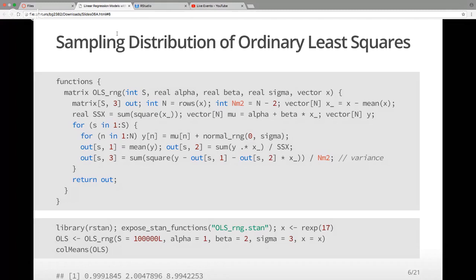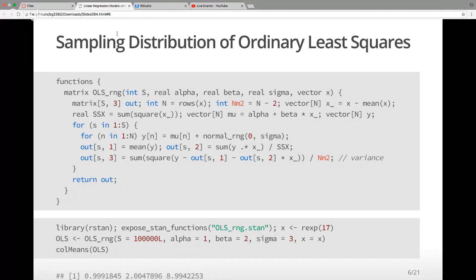Inside our loop, we're going to loop from 1 to the number of observations, each time creating a Y variable that's equal to the corresponding value of mu plus a draw from a normal distribution with mean 0 and standard deviation sigma, this representing the error that we're thinking of being drawn every time we loop through one of these simulations. So we create our outcome variable Y that way, and now we're ready to estimate the parameters.